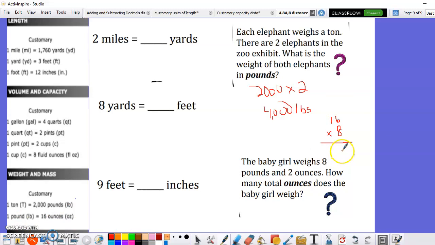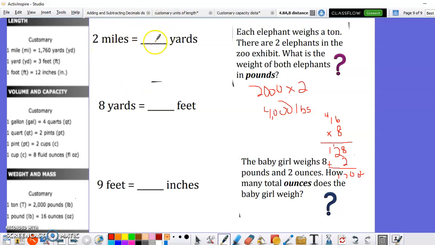Well, 6 times 8 is 48. Get my 4. And then 8 times 1 is 8, plus 4 more is 12. That's 128. That's just a pound, so you can't forget that you have these 2 ounces right here. So I need to add those 2 ounces. And that leaves me with 130 ounces.